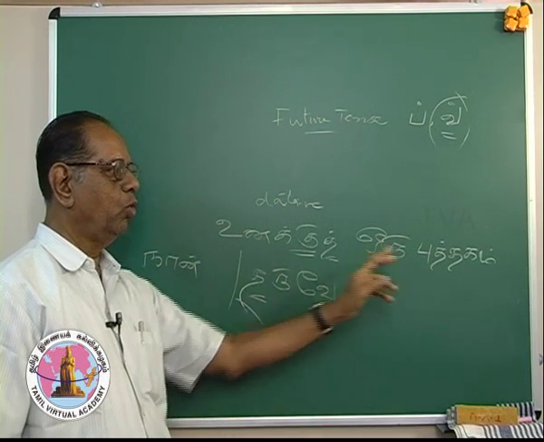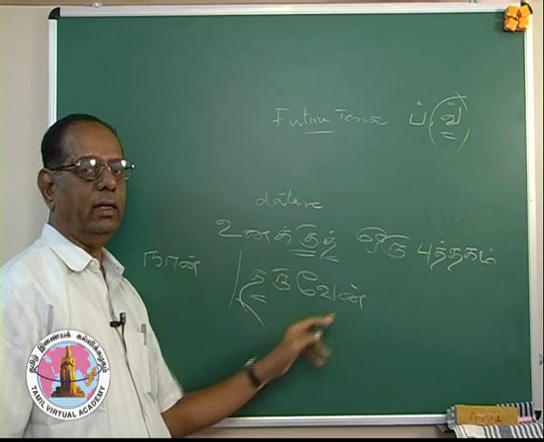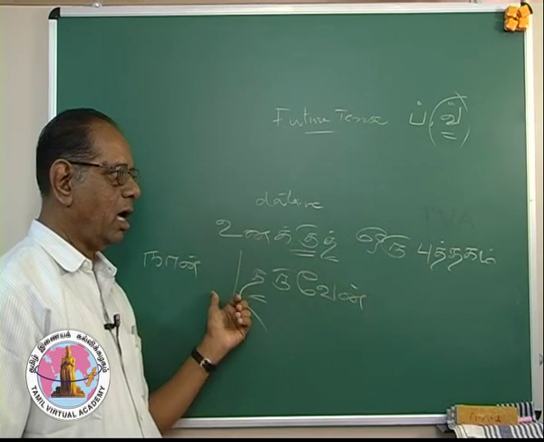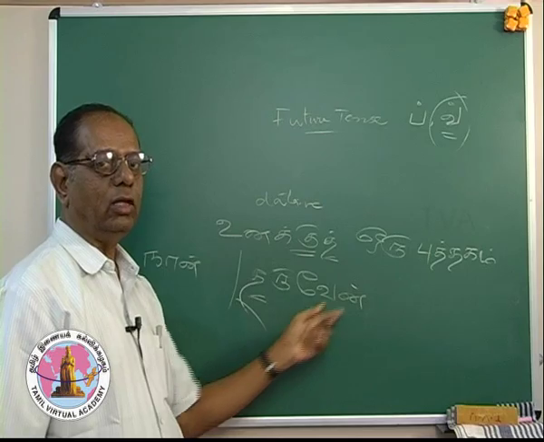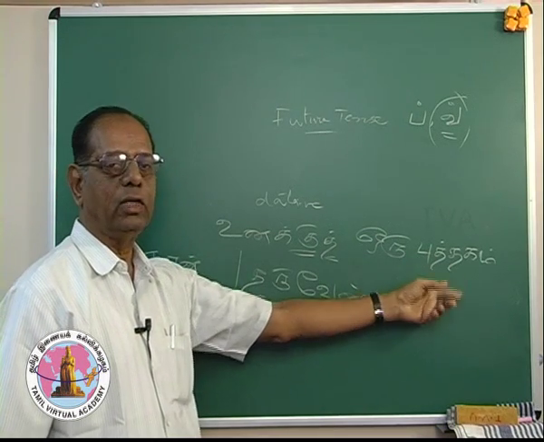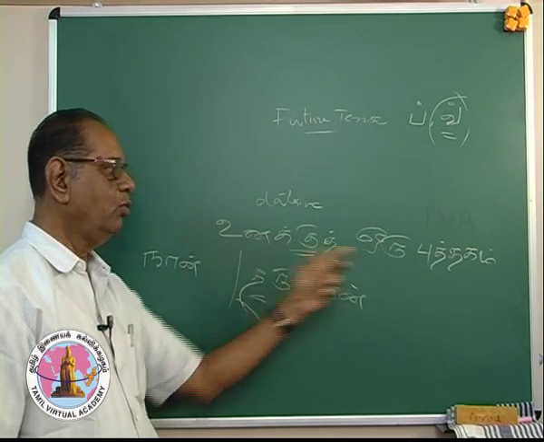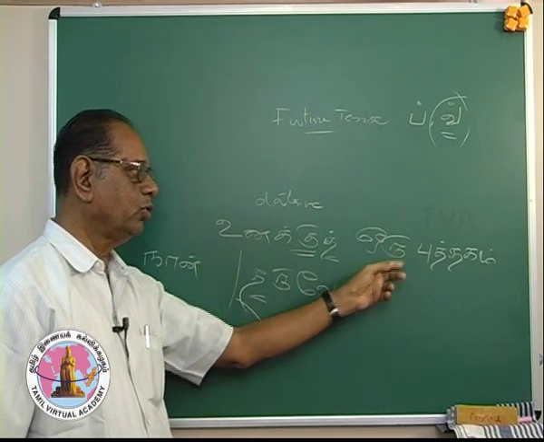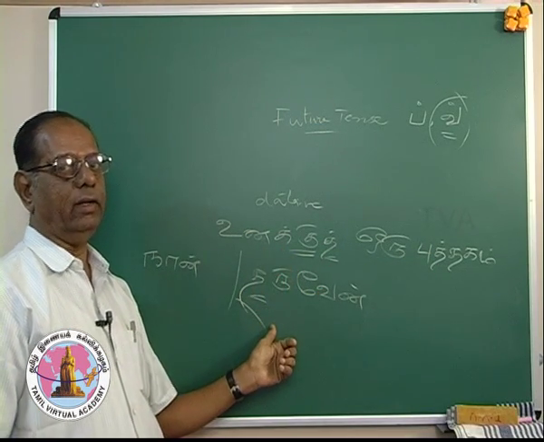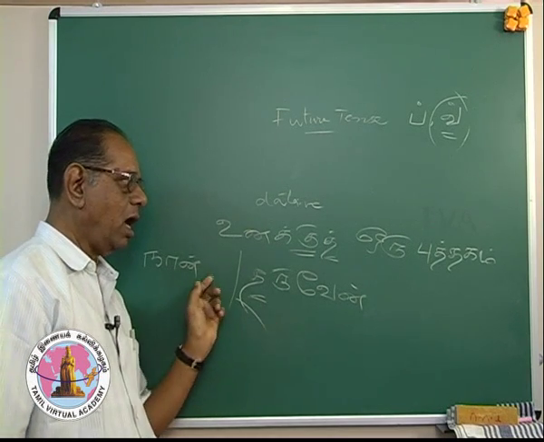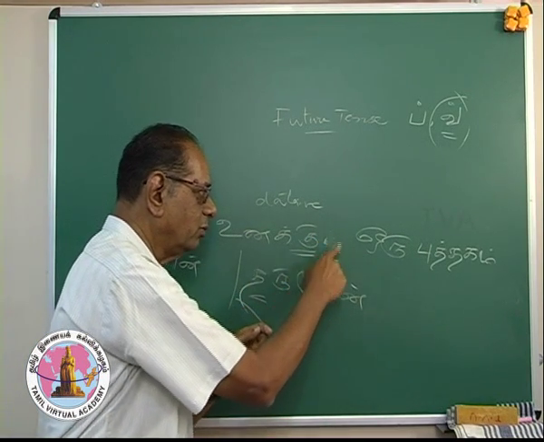நான் ஒரு புத்தகம் தருவேன், direct object. நான் ஒரு புத்தகம் தருவேன், ஒரு one, புத்தகம் book. நான் ஒரு புத்தகம் உனக்கு தருவேன், நான் உனக்கு ஒரு புத்தகம் தருவேன்.